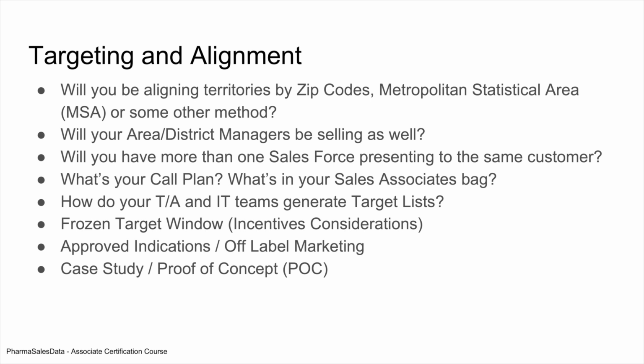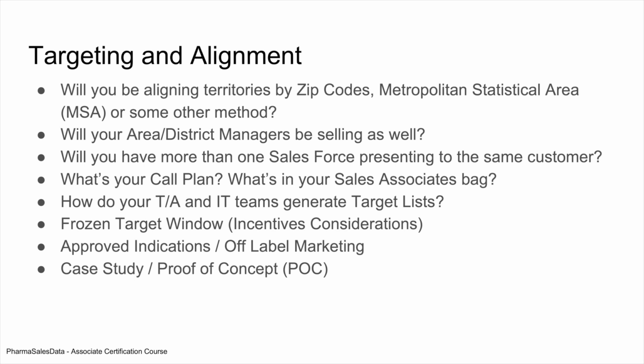At that time, those targeted doctors are the ones that the sales associate is incentivized on. Now, this can change from company to company, but usually as soon as that window is frozen, that's your incentive period. You can't have a fluctuating incentive base of customers, because that just confuses the associate and doesn't make the payouts fair. And we're going to have an entire lesson on incentives later on.